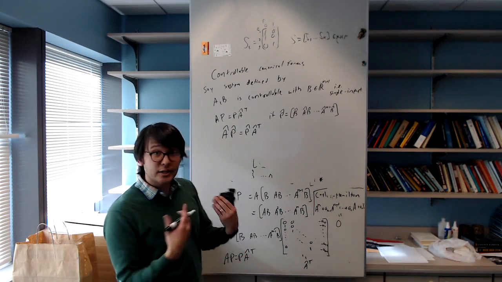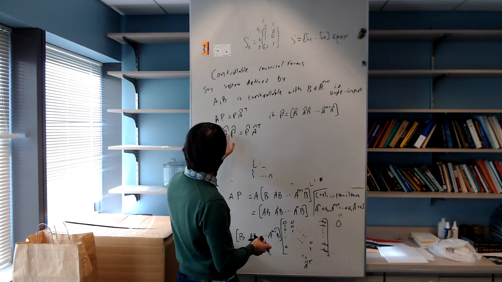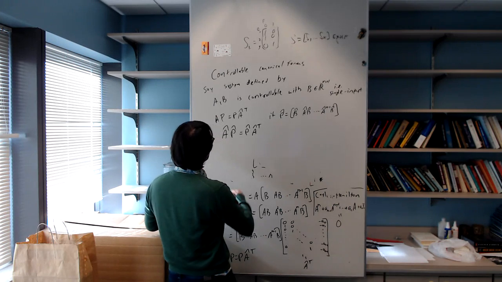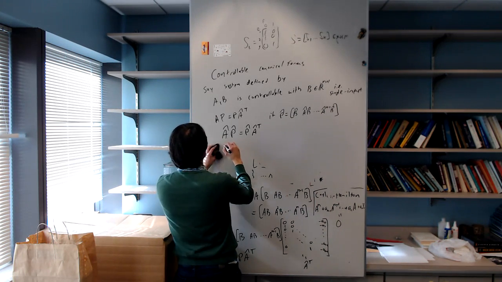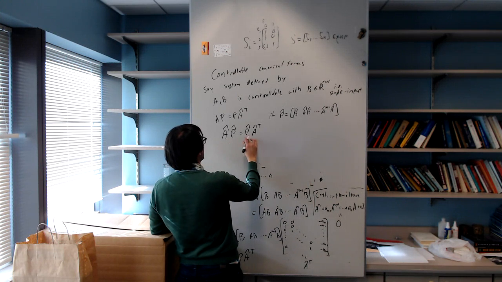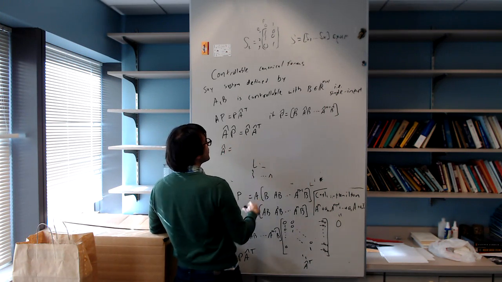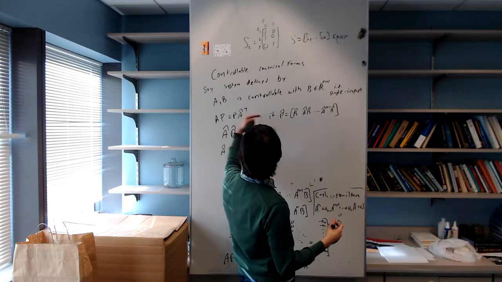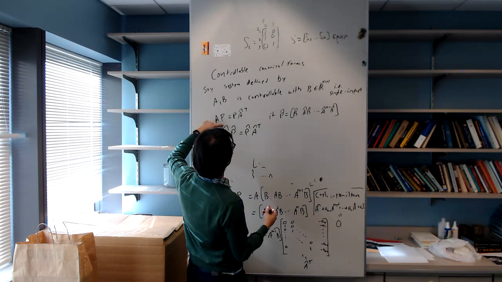And so if I want to figure out how I can get a transformation that brings me from this guy to this guy, I just solve this. So by construction, we're assuming that the original system was controllable. We had that this P has to be invertible.